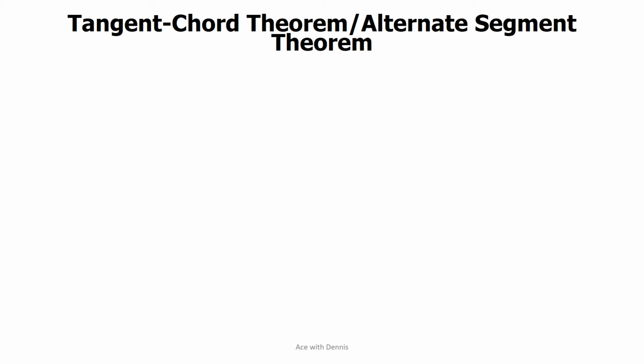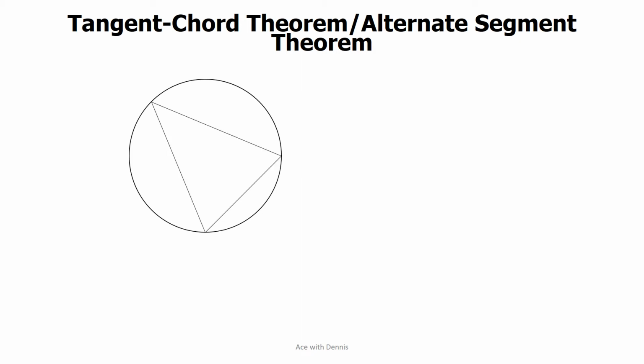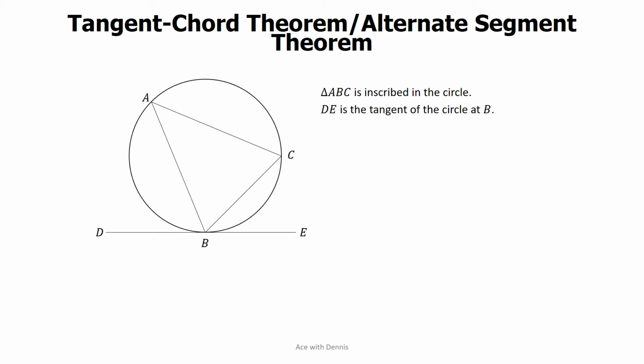Tangent-Chord theorem or alternate segment theorem. Here is a diagram. This is a circle, and this is a triangle ABC. Triangle ABC is inscribed in the circle. Here is a straight line DE, and DE is the tangent of the circle at point B. If this is the case, then let's look at this angle ABD and this angle ACB.